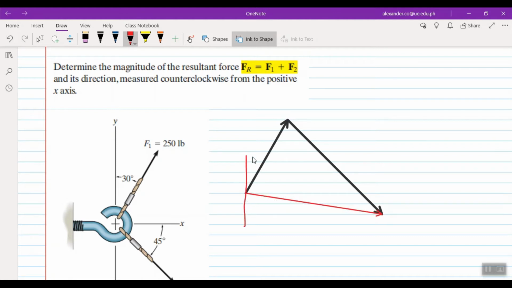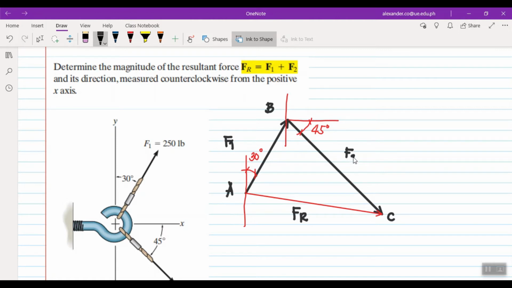So here, this is how much? 30 degrees. Tapos ito, ano yung 45? Ito rin yun eh. From here, ano may dyan? 45 degrees din. So, itong, I'll call this angle A, angle B, angle C. Ito yung resultant, FR. Ito yung F1. So, ang value nito, itong length na to is 250. Pwedeng sabihin na natin length lang din yan.